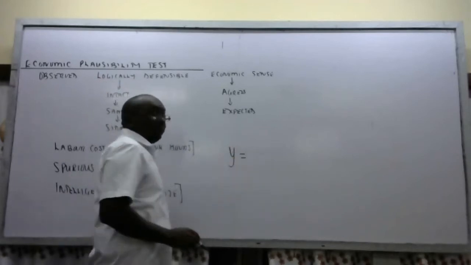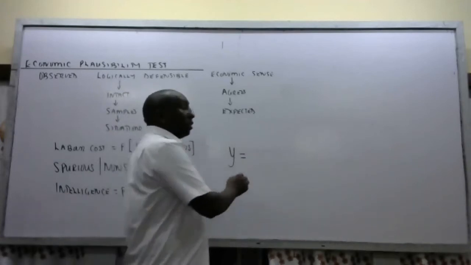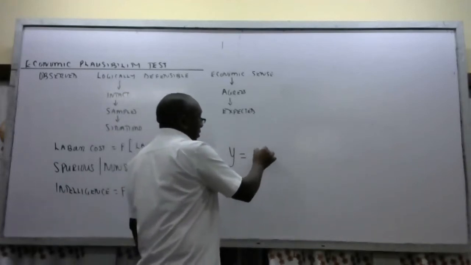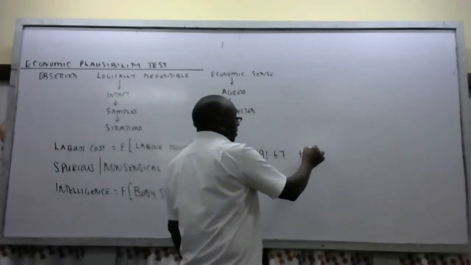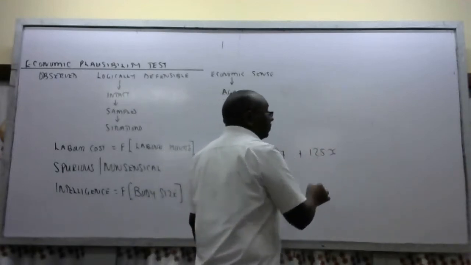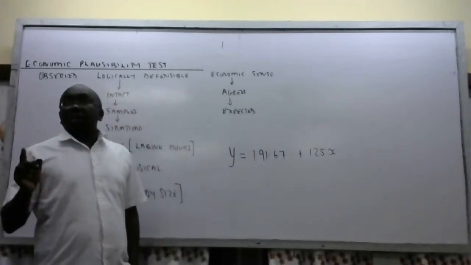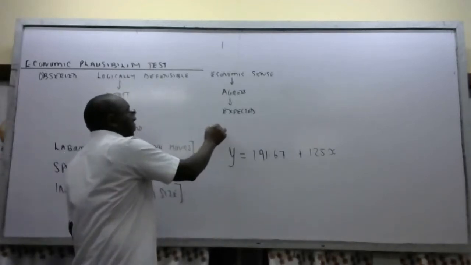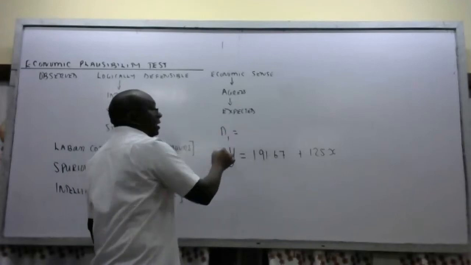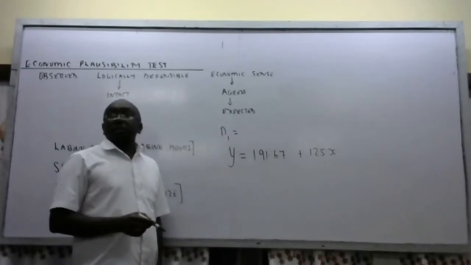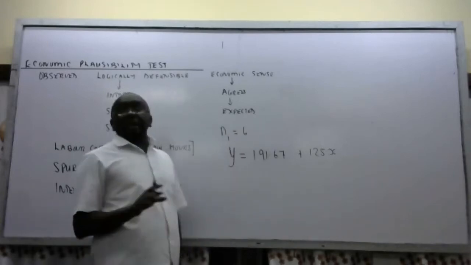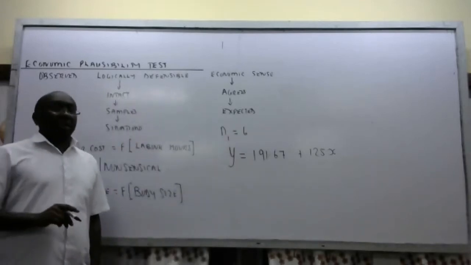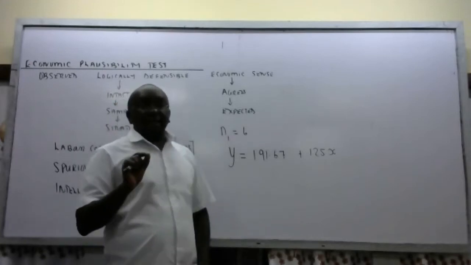The value of a? 1.67 plus 125x. Now this one was obtained from a sample 1, which had how many items? N was 6. Now what we are saying is that in the economic plausibility, we want to see whether the relationship is logically defensible.